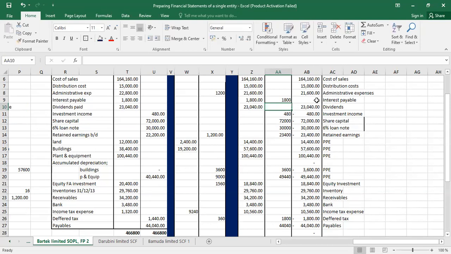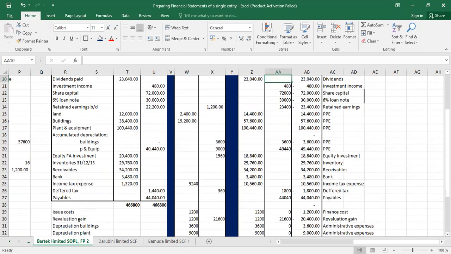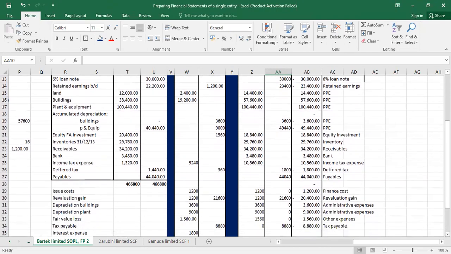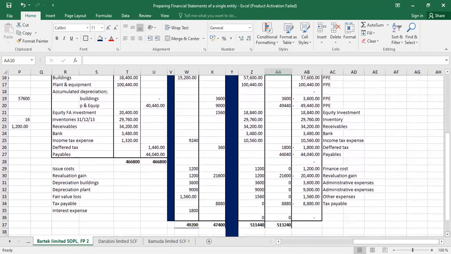So our interest payable will be 0. So we will not have a liability called interest payable because it was paid, isn't it? So we just now do the, like, it was an expense, then the expense for the year, and that is what was paid.